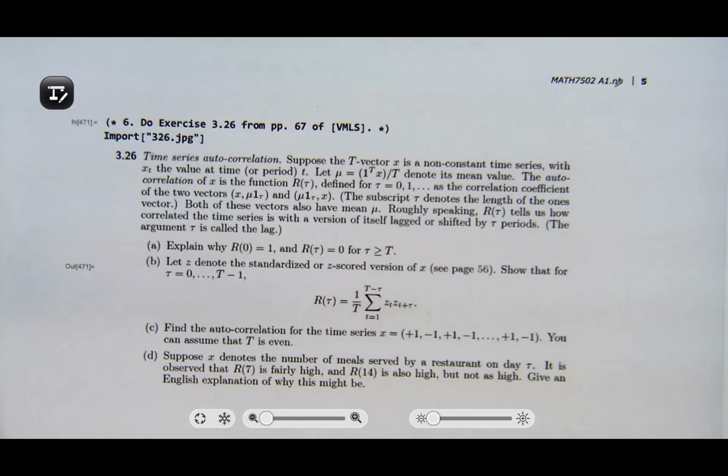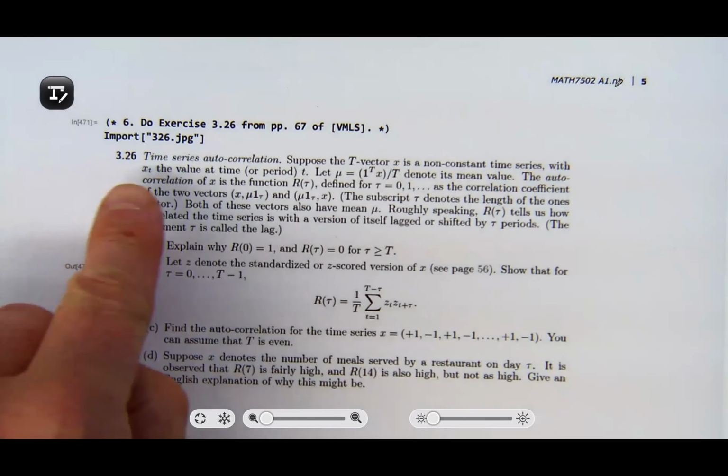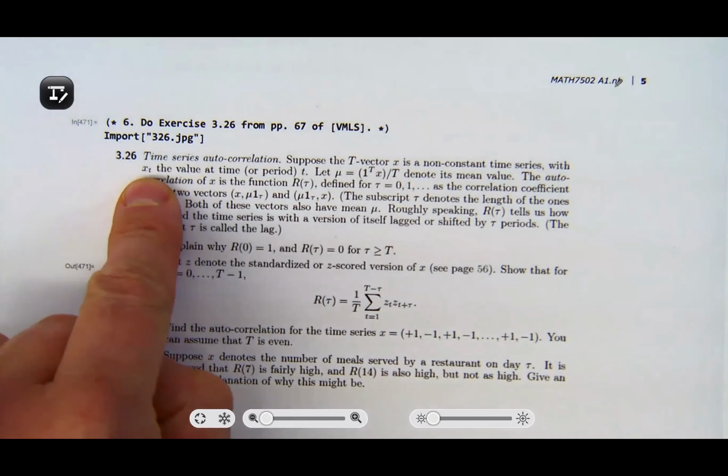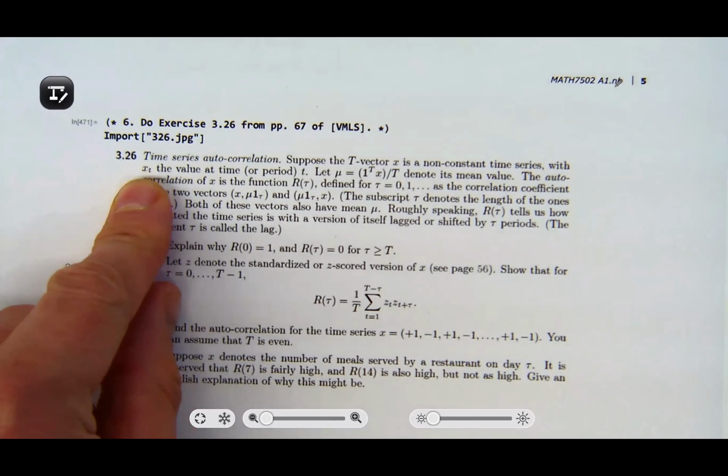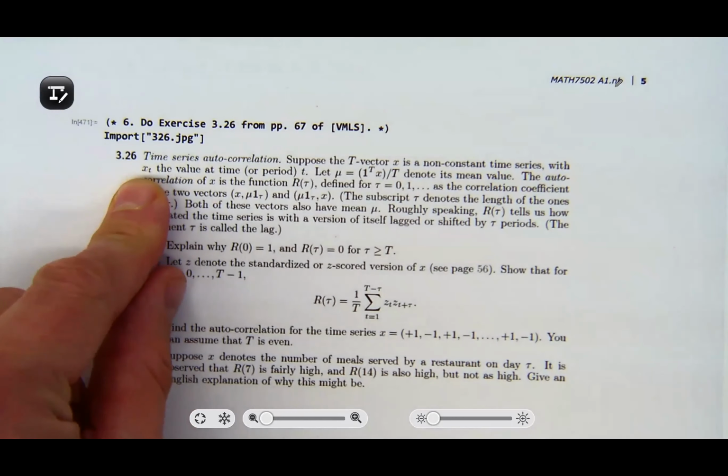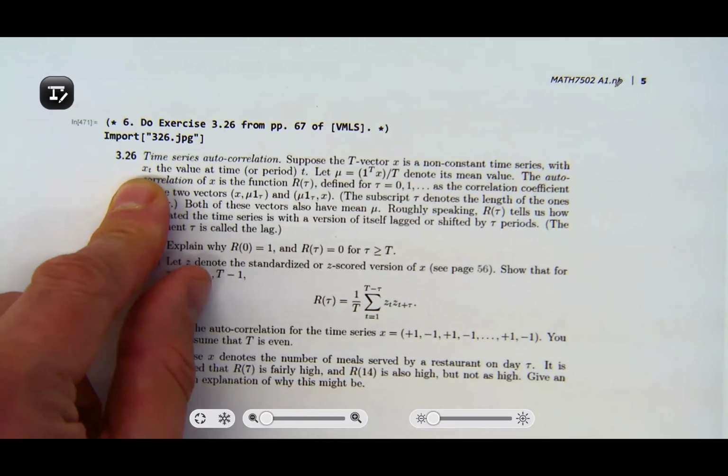Maybe you could think of it as the price of corn over time, or the price of your favorite thing over time. Now, little x subscript t is the value at time or period t. This is just a mathematical way in this context to index from the vector x. So that's the tth entry.